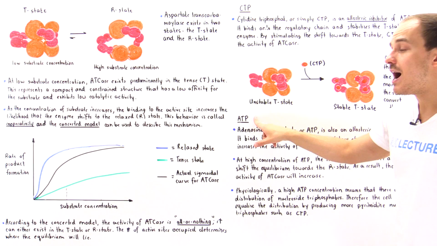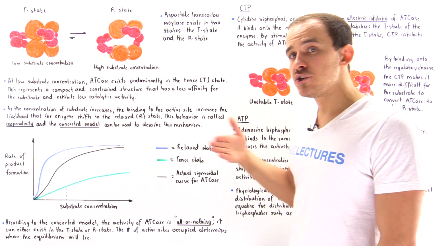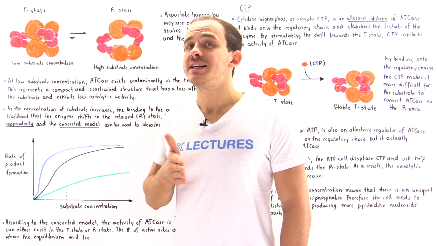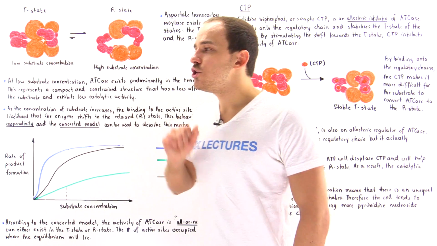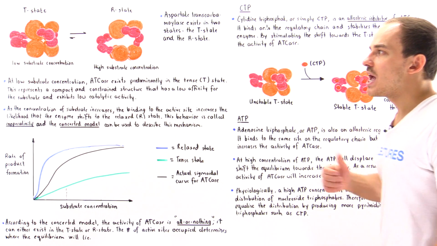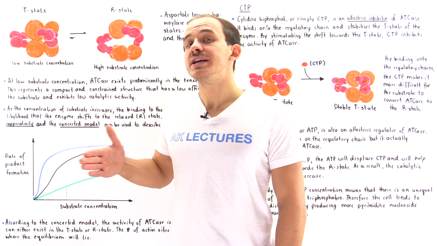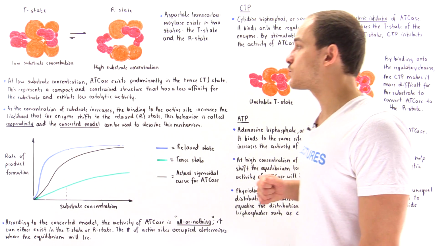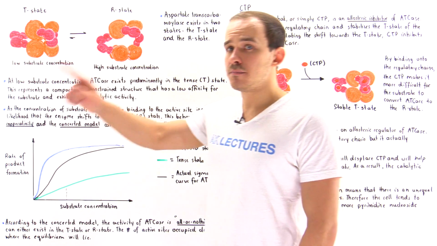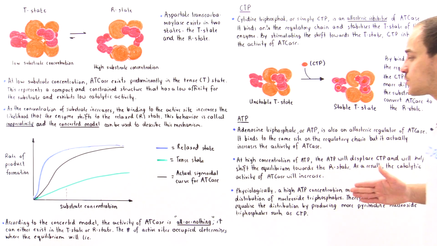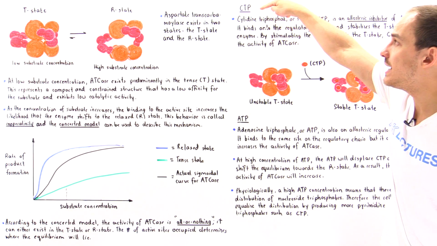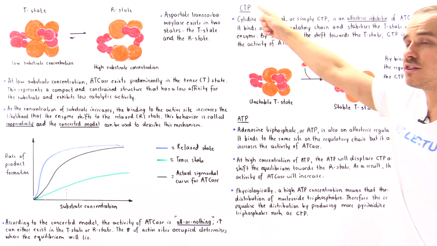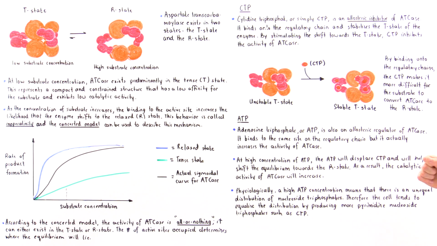And if we have a high amount of ATP, that usually means we have an unequal distribution of the pyrimidine to purine nucleoside triphosphates. And to equalize this distribution of nucleoside triphosphates, pyrimidine to purine nucleoside triphosphates, we have to carry out this reaction to actually increase the amount of CTP, the pyrimidine nucleoside triphosphate, that is found inside our cells.